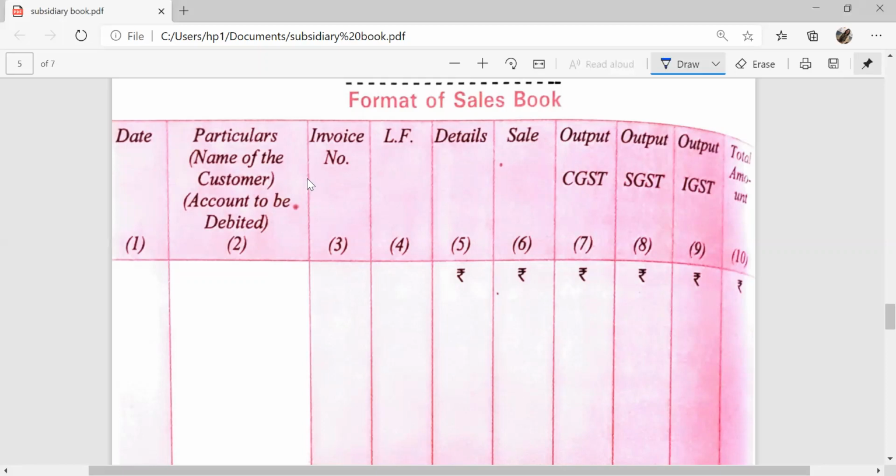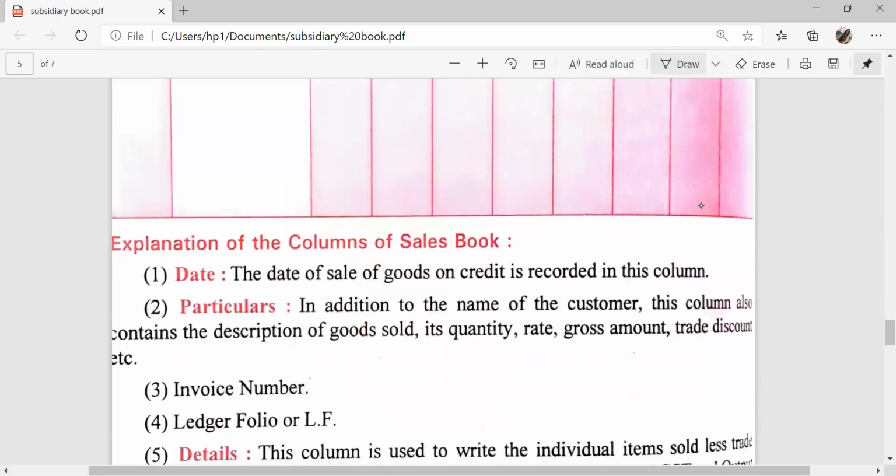Invoice number means bill number, ledger folio, page number of ledger, details, sale, output CGST, output SGST, output IGST, and the total amount. In the first column, date, the date of sale of goods on credit is recorded.